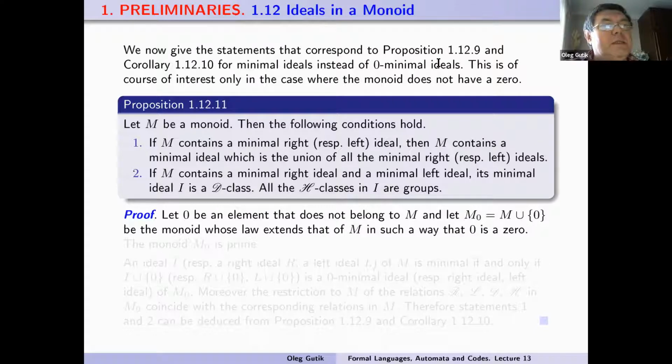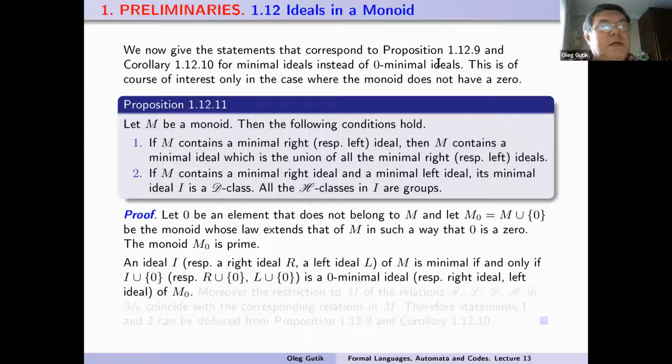The proof: let 0 be an element that does not belong to the monoid M, and let M0 equal M united with 0 be a monoid whose law extends that of M in such a way that 0 is the 0 of M0. The monoid M0 is prime and has a 0. It is obvious, because the product of all elements of the monoid M belongs to M, and hence there are no elements distinct from 0 in M for which the product is equal to 0.